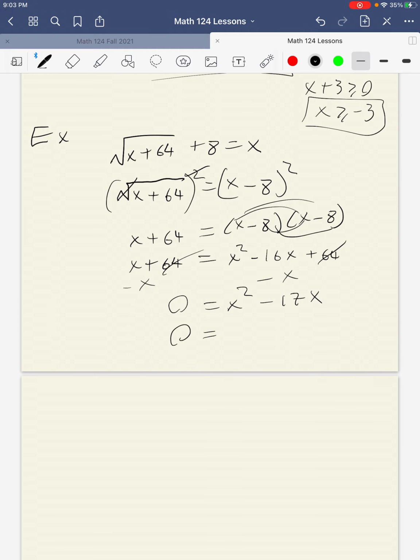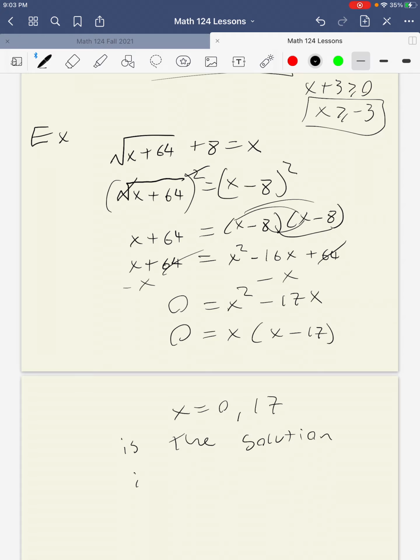Not bad. Both of these have an x in it, so I could pull an x out. And therefore the solutions are x equals 0 or 17. Now we have to ask ourselves, is the solution in the domain?